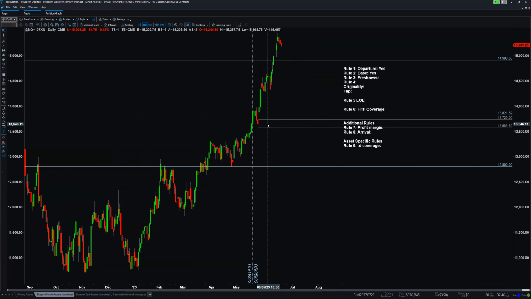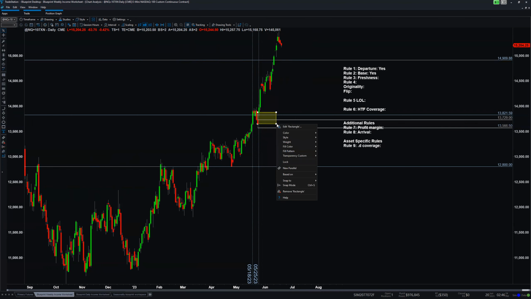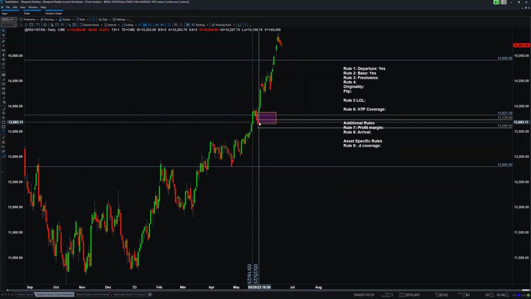However, I still have a gap from here to here. See. This is a gap. From here, where the candle closed, to here, where the next candle opened. So there's a large gap. I don't want my proximals to be within large gaps.